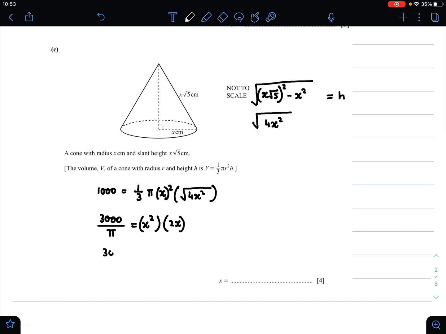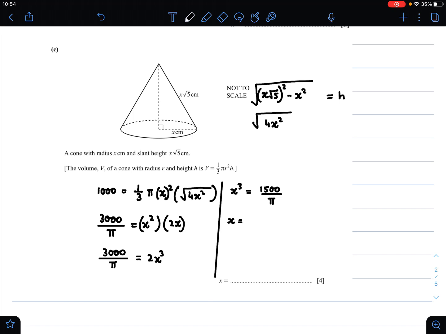So 3000 by pi, my bad, is equal to 2x cube. Therefore x cube is equal to 1500 divided by pi. Therefore x will be equal to cube root of 1500 divided by pi.